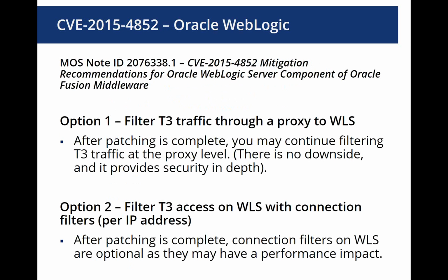There's lots of different places you can block this, but if I'm connecting to the console port, that should be restricted as much as possible, and then I'm also trying to restrict T3. There's no reason that everybody in the organization can connect to port 7001. If there's any way I can block that and reduce access to the console port, both on HTTP, which is just the web pages, but also T3, is very beneficial.